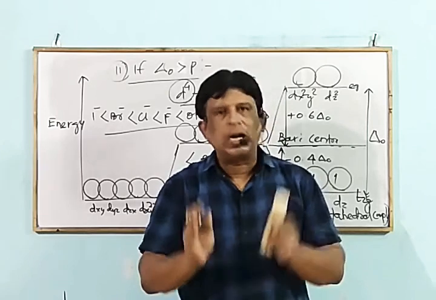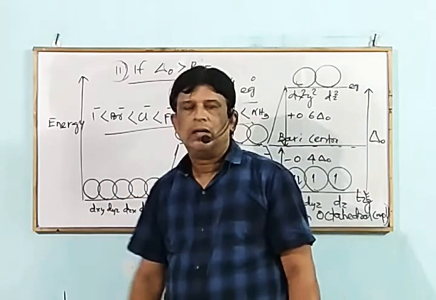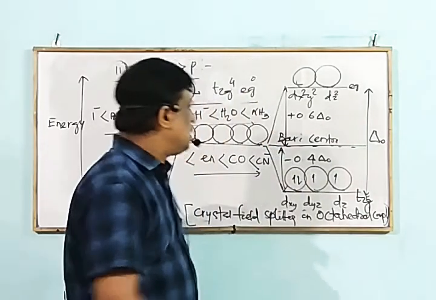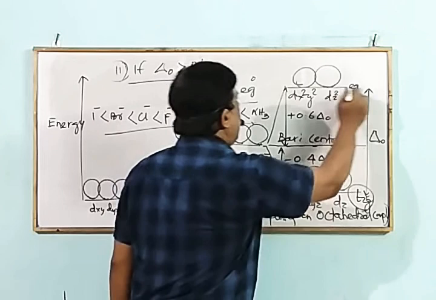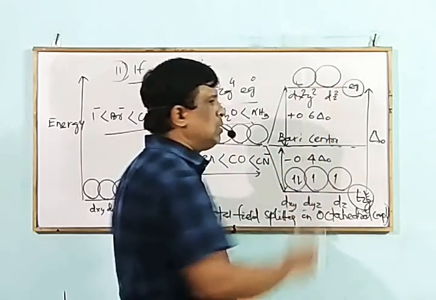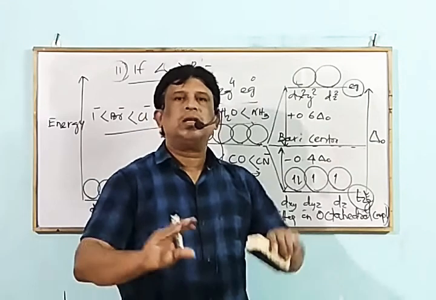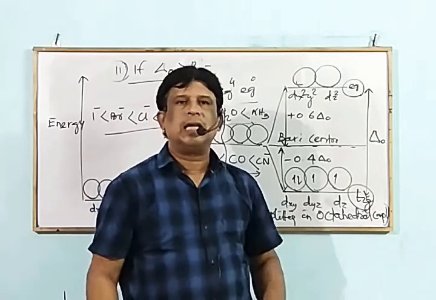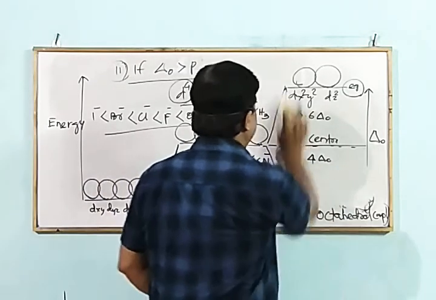And the most important thing is that in an octahedral complex, t2g is the lower energy set and eg is higher in energy. But in a tetrahedral complex there is some deviation; the arrangement is totally different. Mark that.